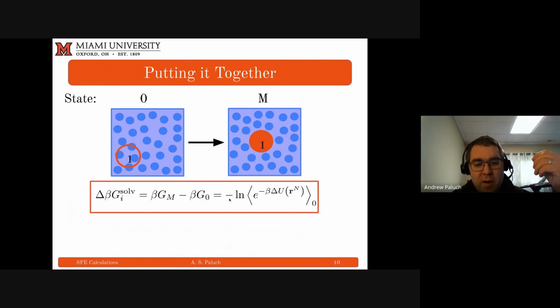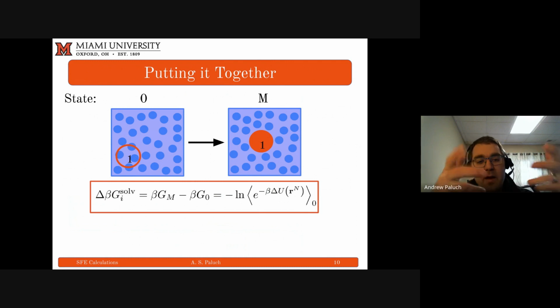So in theory, what I would need to do here to compute my solvation free energy, in the traditional perturbation theory, is set up a simulation within the state naught, in which I have all my solvent molecules. Then I have my solute that's not interacting with my solvent.